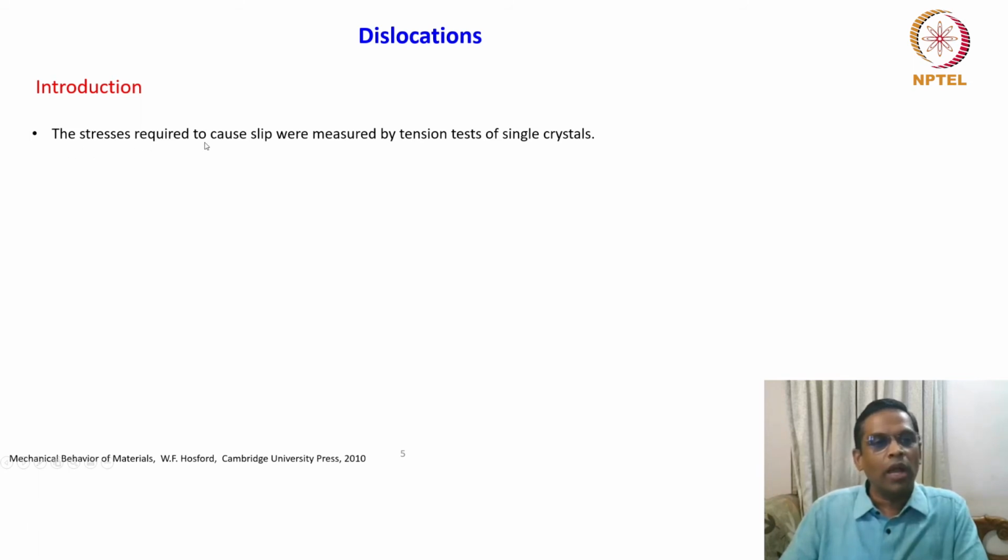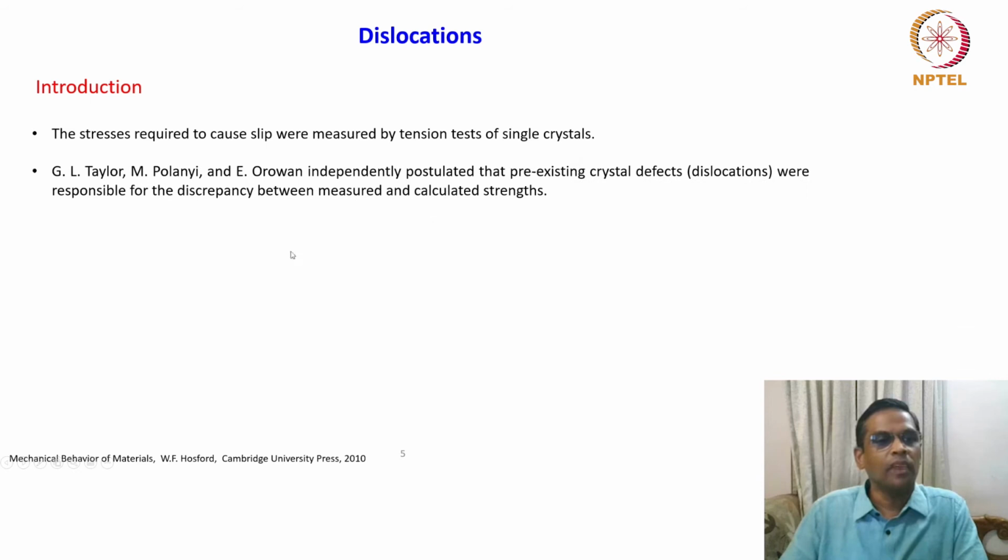The stresses required to cause slip were measured by tension tests of single crystals. G.I. Taylor, Polanyi and Orowan independently postulated that pre-existing crystal defects called dislocations were responsible for the discrepancy between measured and calculated strengths.